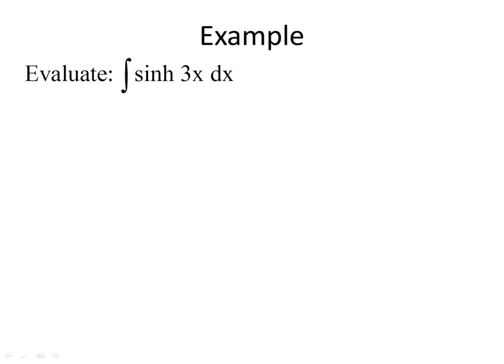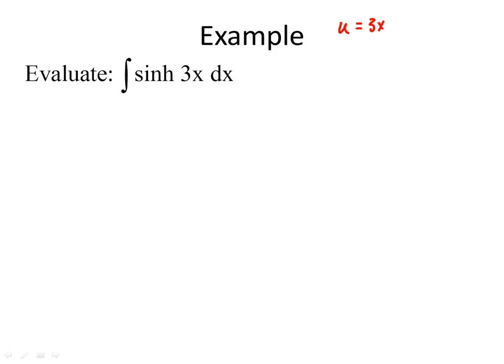Alright, so if we have the integral of hyperbolic sine 3x dx. Compare this to your cheat sheet. What you have on your cheat sheet is the antiderivative of hyperbolic sine u du. Well, like I just said, what is u?